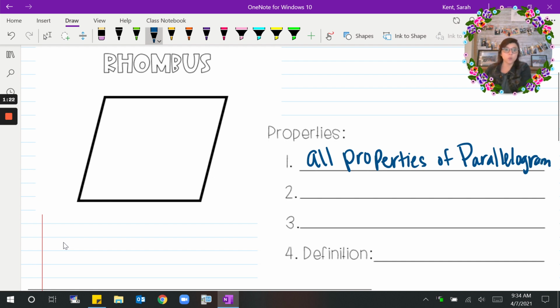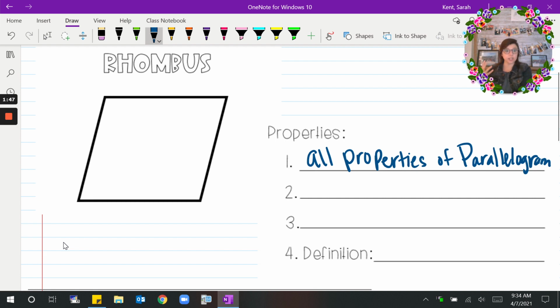As a refresher, those are that our diagonals bisect, the same side angles add to 180, the opposite angles are equal, opposite sides are equal, and opposite sides are parallel.